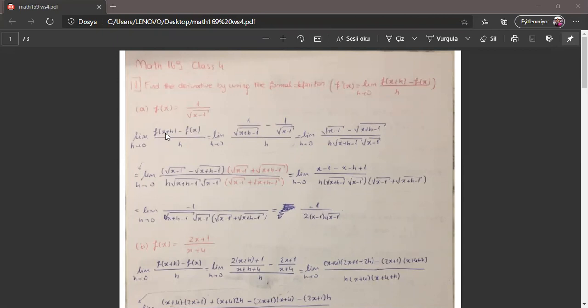sorry. We just put x, instead of x, we plug x plus h, okay? So here we have 1 over square root of x plus h minus 1 minus the same function over h. So what do we do? We multiply this by this one's denominator and multiply this by this one's denominator.